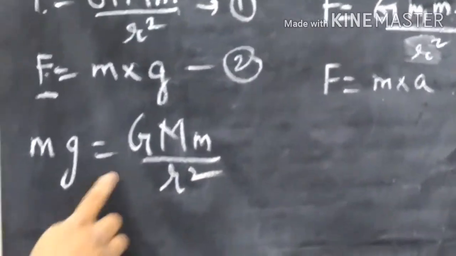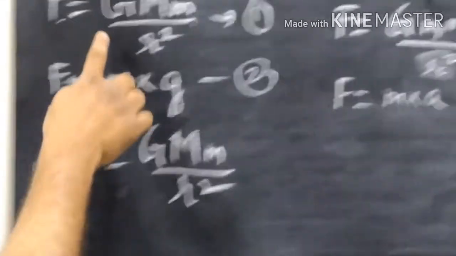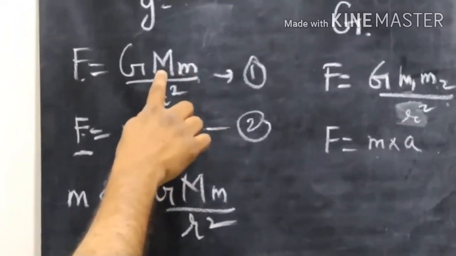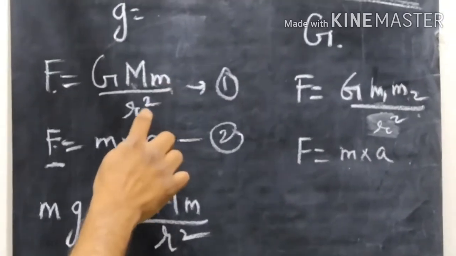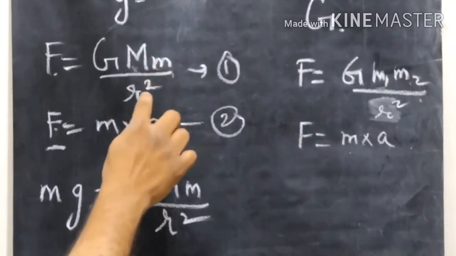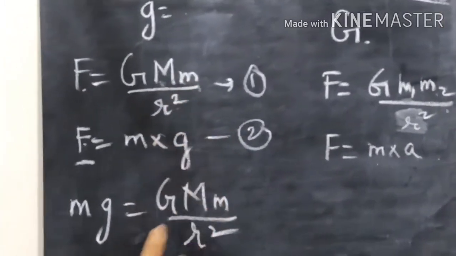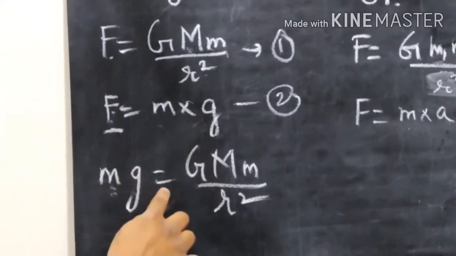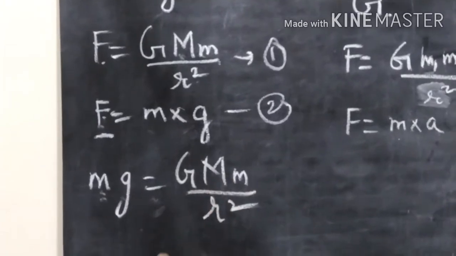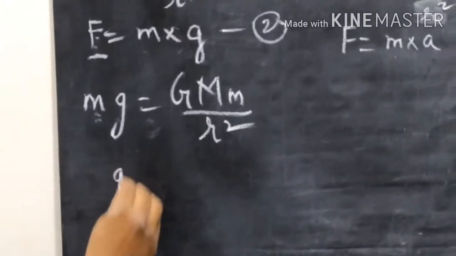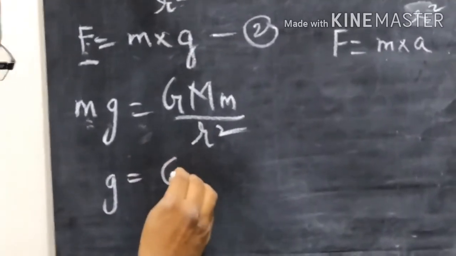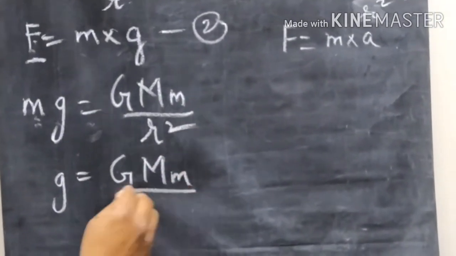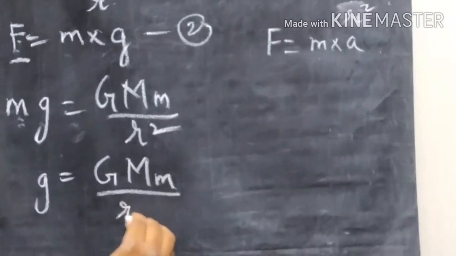The first formula says F is equal to G, the mass of the Earth, into the mass of the object, upon the square of the distance between these two objects. Putting in the value, m g is equal to G M m upon R square. Now can I write this as g is equal to G, mass of the Earth, M, upon R square, with m cancelled?